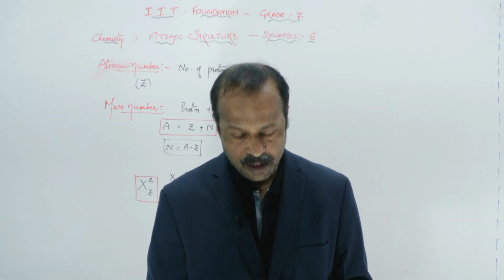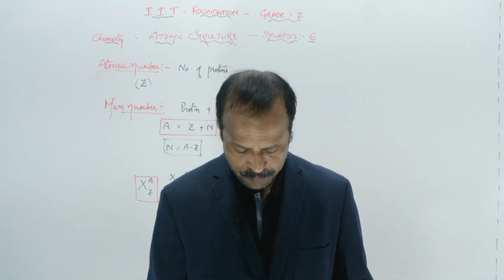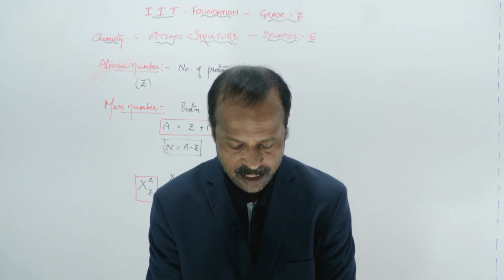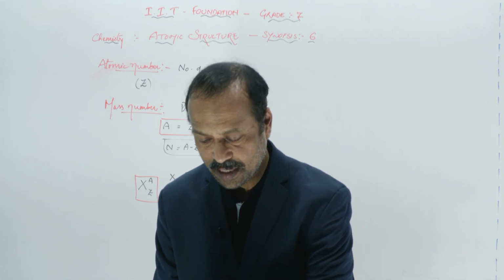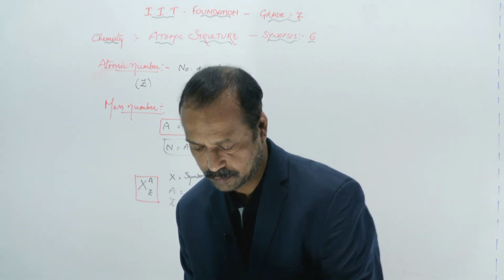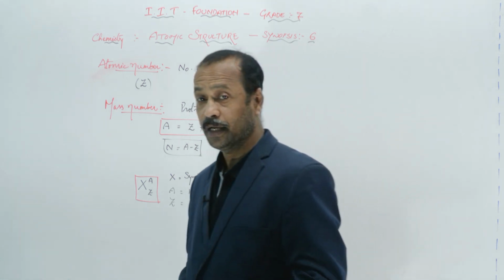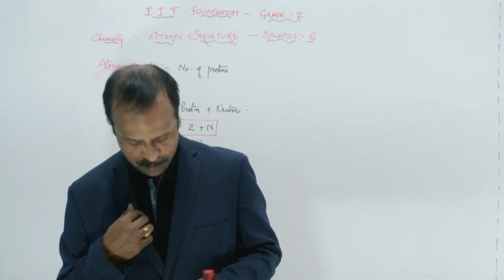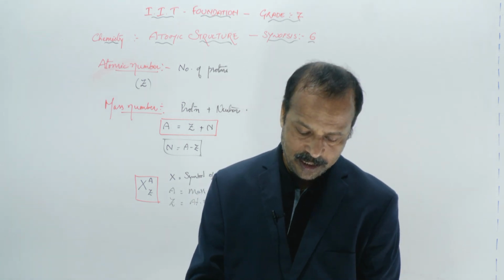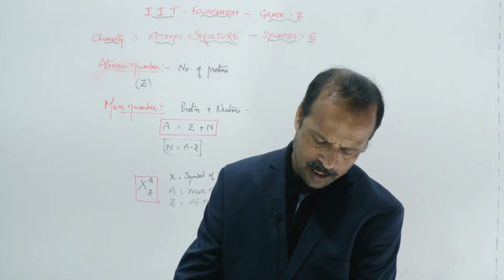if we know the mass number and atomic number, then we can easily find the number of protons, electrons and neutrons. For example, in a material, there's a chart given in which elements 1 to 20, that is hydrogen to calcium, are given.